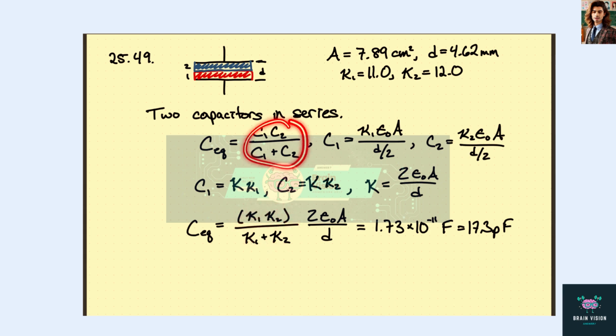That makes sense because it looks a lot like that. Then we have our constant out here, 2 epsilon naught A divided by D, and that's actually this K value. So it shouldn't be a surprise that these dielectric constants combine just like the capacitances do.